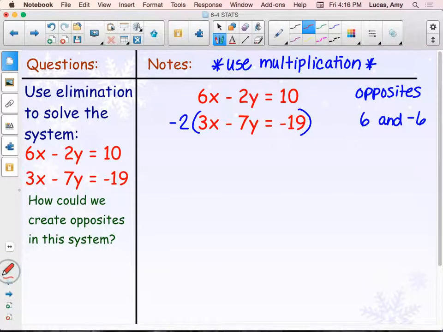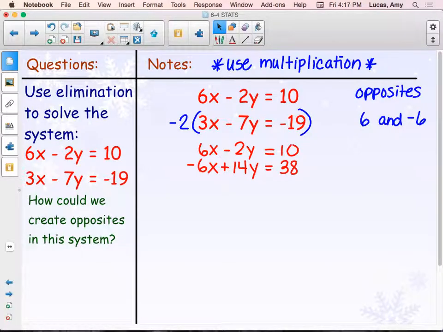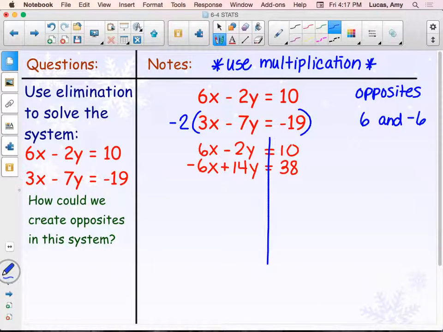So that bottom equation, the new equation, will be negative 6x and then positive 14y and positive 38. The top equation is not changing, so I leave that one alone. And now I have opposites. I can eliminate my x's and add together my system.